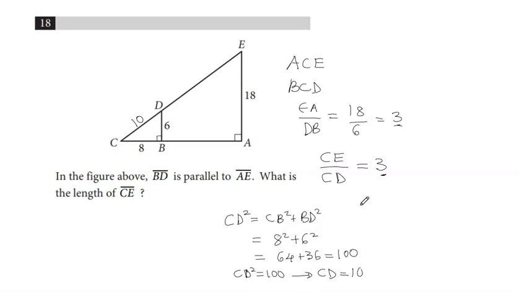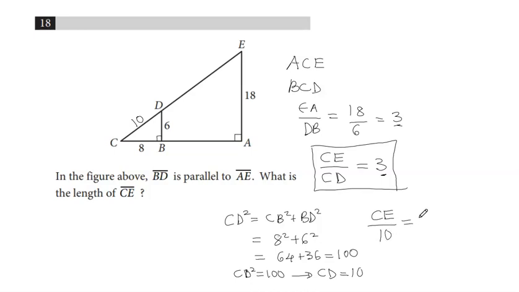Now, all we have to do is, since we know this relation, let's substitute the values. So we're looking for CE over CD, and we already know CD is 10.